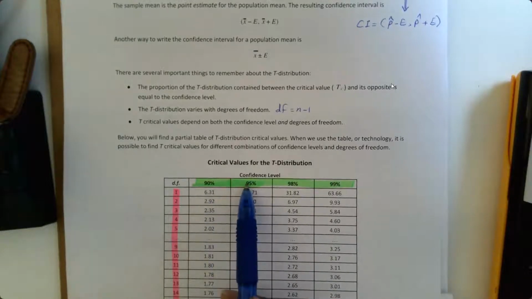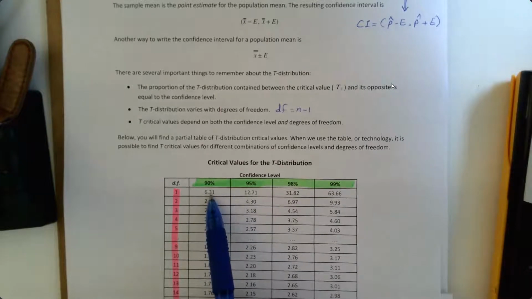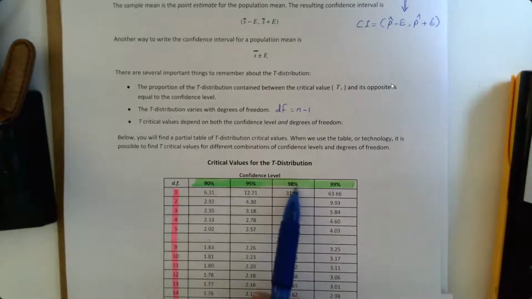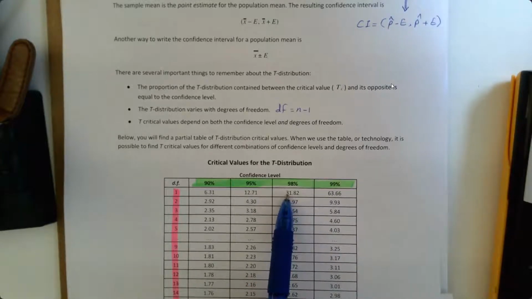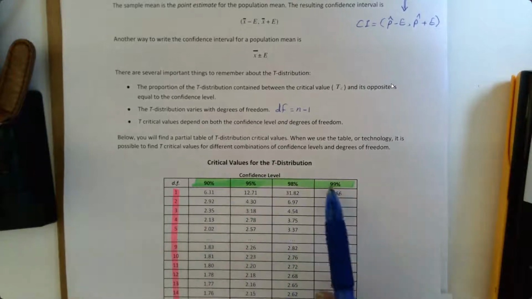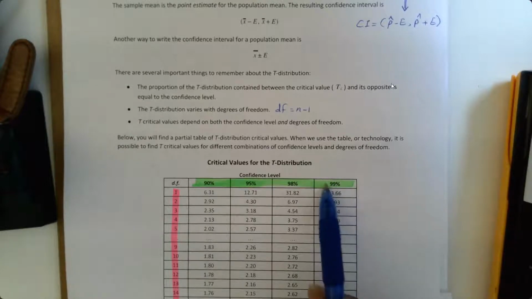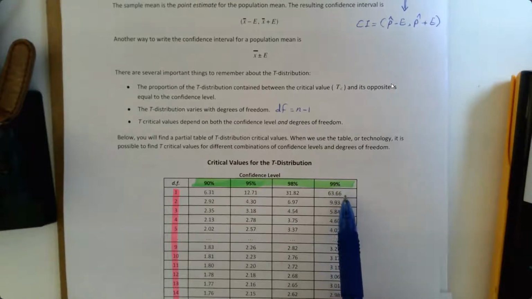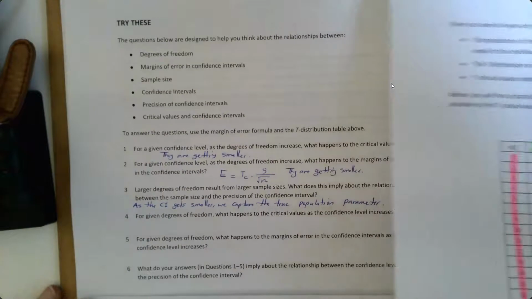When the confidence level is 95%, the critical value is 12.71, which is greater than 6.31. As the confidence level is now 98%, the critical value is 31.82, which is larger than these two. And as the confidence level is 99%, the critical value is so huge. It is 63.66. So the answer is they get larger.